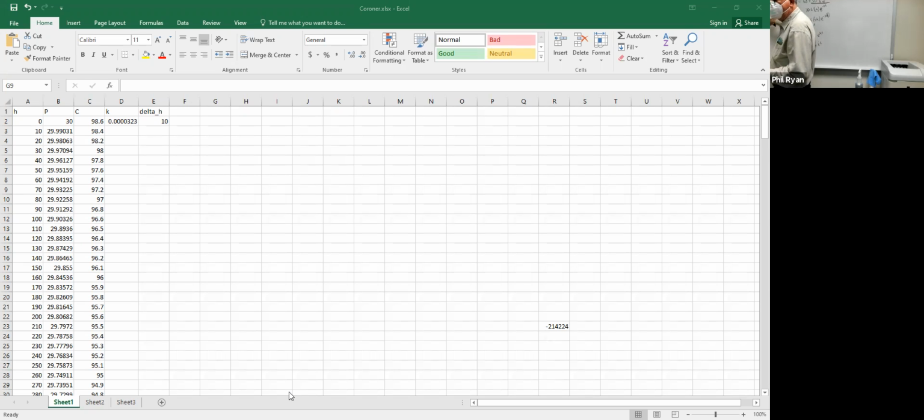How much does it drop in 10 feet? Minus 0.1. Well, that's a tenth, right? What's the relationship between 10 and 1,000? 10 is not 1/10 of 1,000. 10 is what proportion of 1,000? 100, yes. So it drops 100th of an inch.